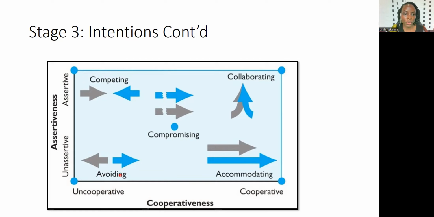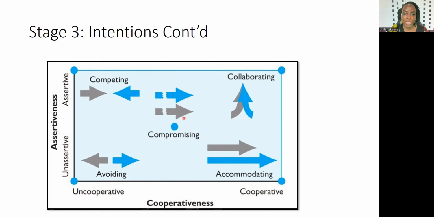When assertiveness is high and cooperativeness is in the middle, at 50%, we have compromising. I really want to push my agenda, but at the same time, I also want to cooperate. So we compromise. You get some things, I also get some things.